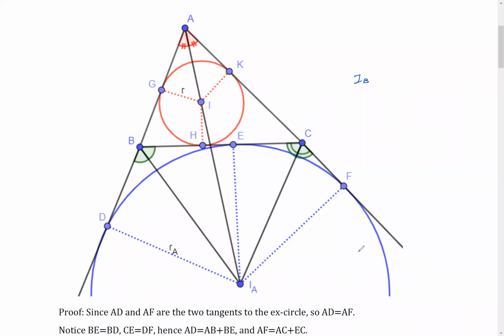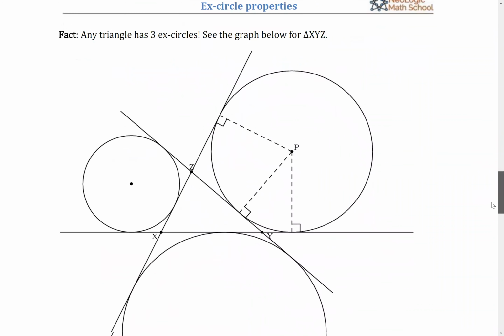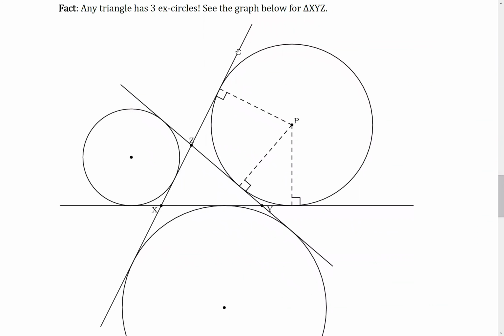And would I have an excircle that has a radius RB or something? There's nothing special about A. If A has it, then B has it, and then C should also have it, no? And the answer is yes, we should have them. So a triangle has three excircles.